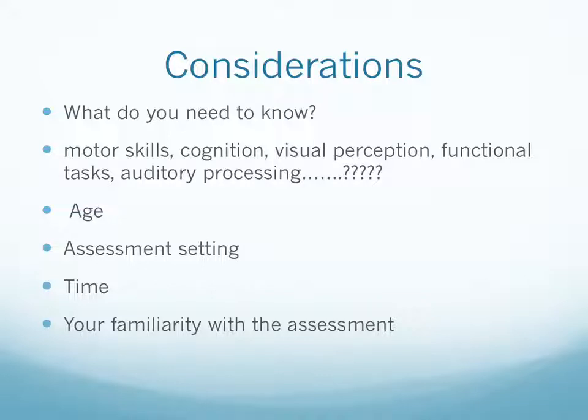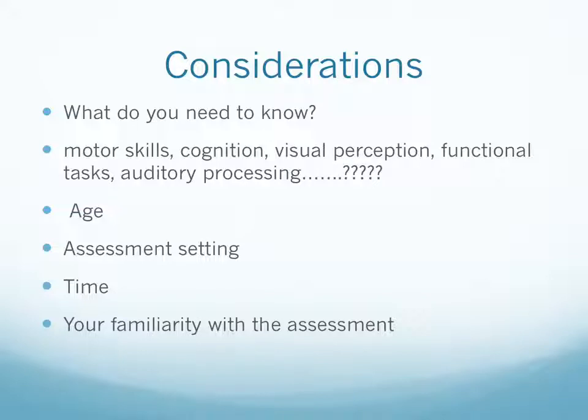There are many things that overlap for lots of our people that we see, such as auditory processing issues, visual perceptual problems. So you've always got to be thinking, double checking what you're seeing. You need to consider the age of the person and check that your assessment is actually valid for the person that you're going to see.